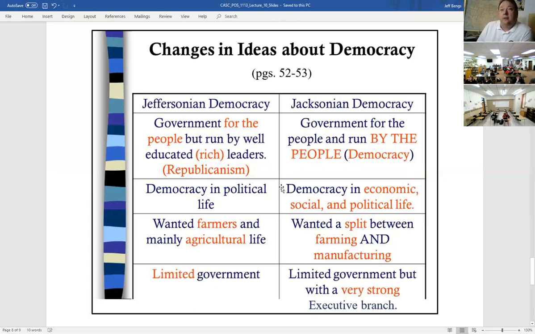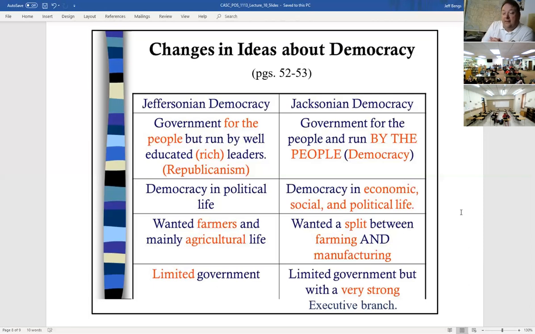So with the Jacksonian democracy, democracy starts seeping into not just political life, but into economic affairs and social life. So you're seeing more of an equaling of economic benefits, even though the owners and supervisors would still get paid more than common laborers.